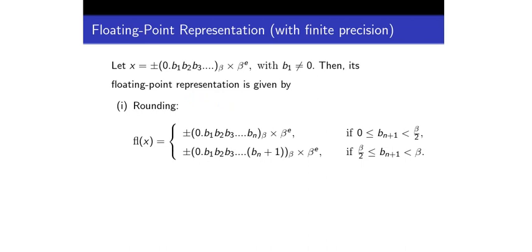Suppose you are ending with the n plus 1th digit of this series b1 b2 b3 and so on. So you have point b1 b2 and so on, up to bn and bn plus 1.